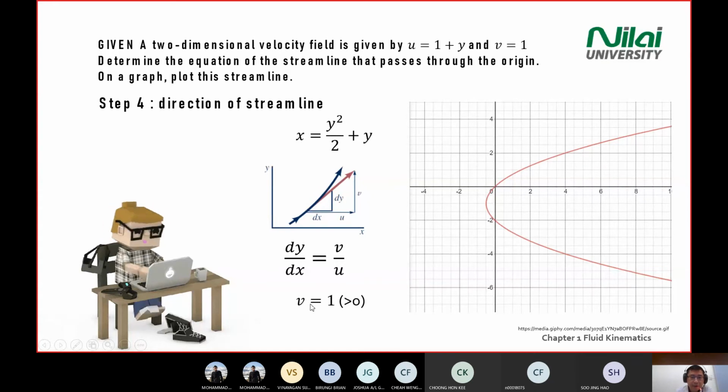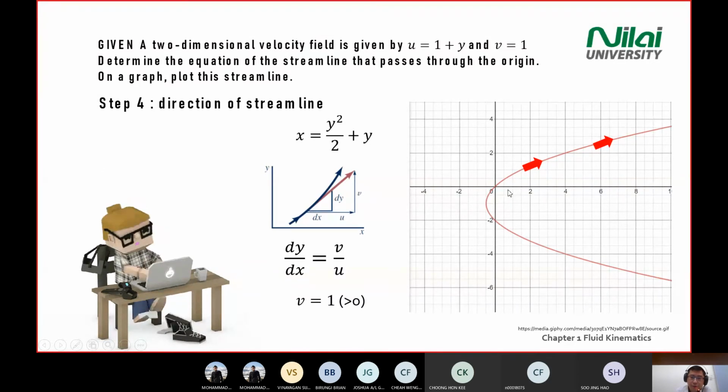And our velocity is more than 1. In this case, our velocity is 1 given in the question. V equal to 1 means it's positive. So your V component is positive, which means it goes up.